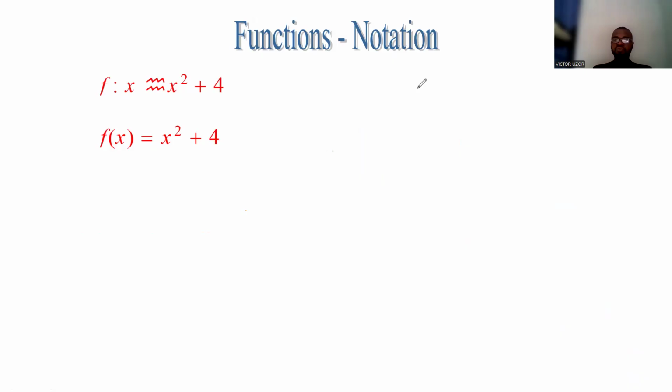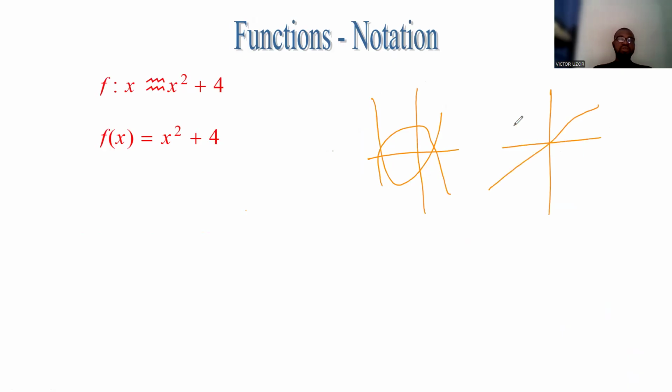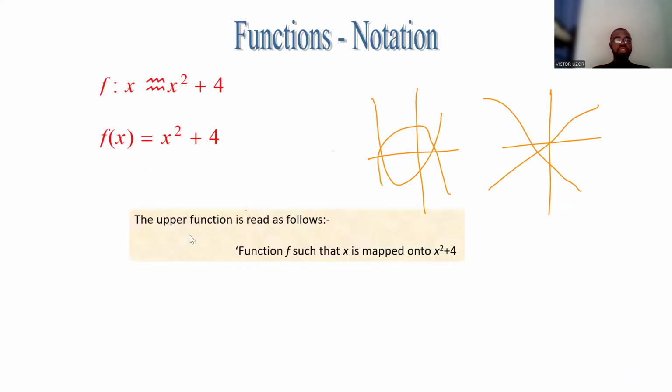A quadratic graph will always look like this or like this, depending on the nature of the A, while a linear graph will always look like this or like this, depending on the A also. So it can be represented as a graph, written as a diagram, and finally written as algebraic notation. When you have f of x equals this, these two things actually mean the same thing. This is a way of denoting a graph.